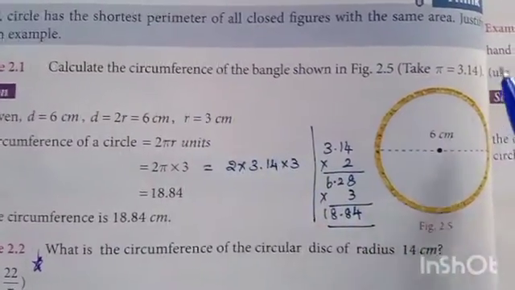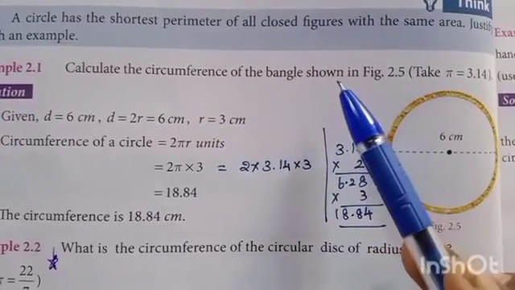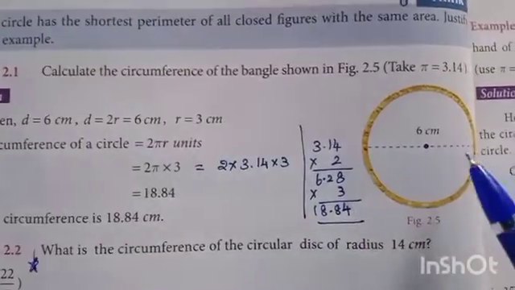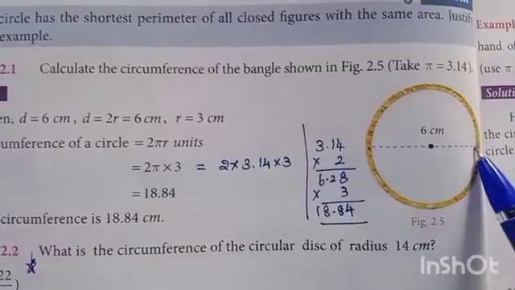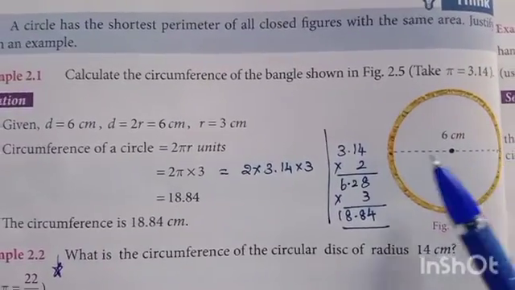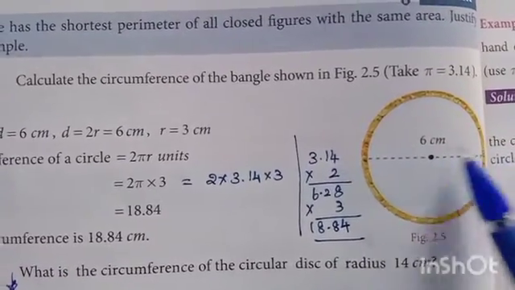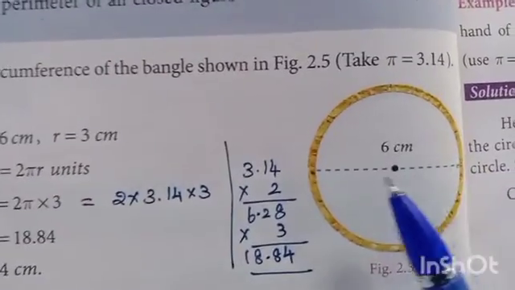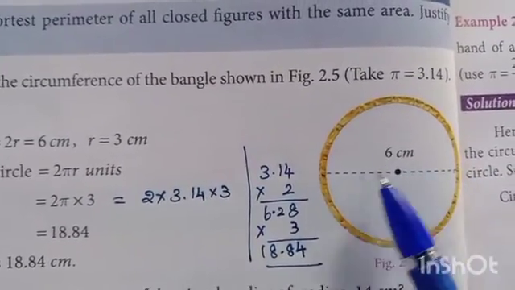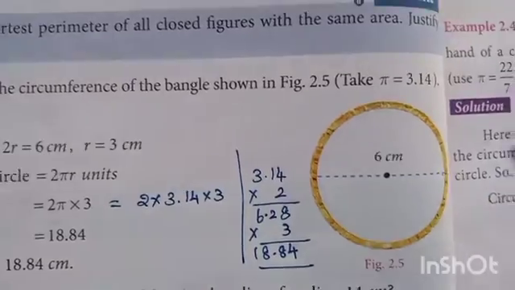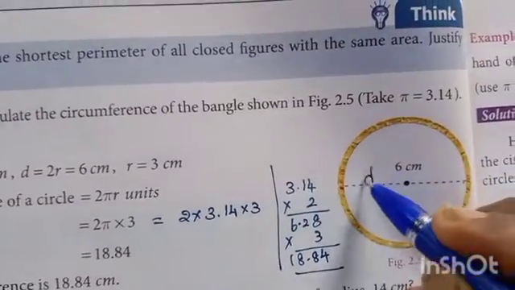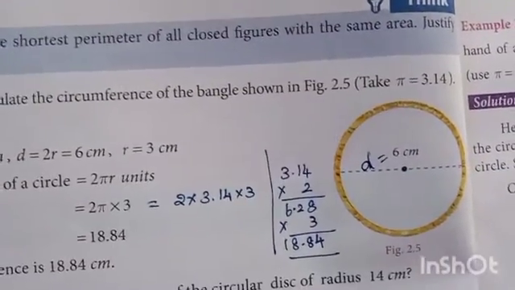We want to find this circumference. What is given in this diagram? 6 centimeter. This is the diameter, the full length. D is equal to 6 centimeter.